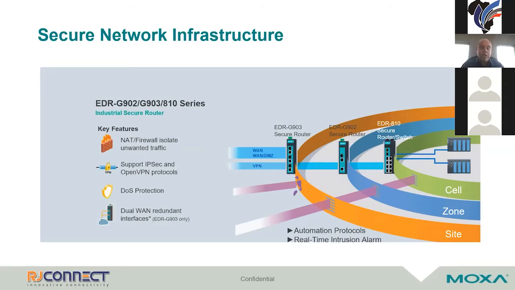There needs to be different barriers preventing the thief or the hacker from going straight in and destroying your important infrastructure. And this could be done via firewalling, isolating unwanted traffic. You can start using VPN or secure VPN, or IPsec for securing VPN. Protect against DoS attacks. This is what we do to prevent all of this happening. This is the terminology we use in cyber security.